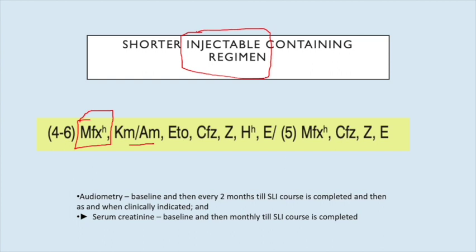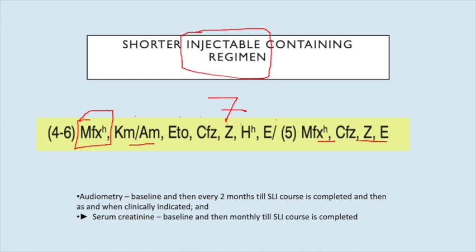For 5 months later, moxiflox, clofazimine, pyrazinamide and ethambutol will continue. So let's count the drugs: 1, 2, 3, 4, 5, 6 and 7 again. So bedaquiline is being replaced with kanamycin, amikacin, levoflox with moxiflox, and the rest is the same. And here again moxiflox instead of levoflox, and the rest remains the same.